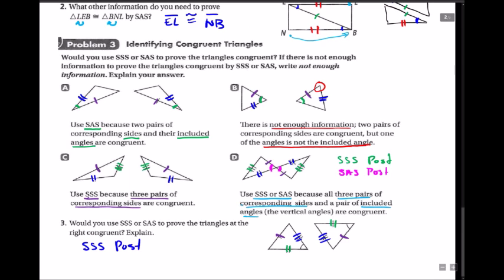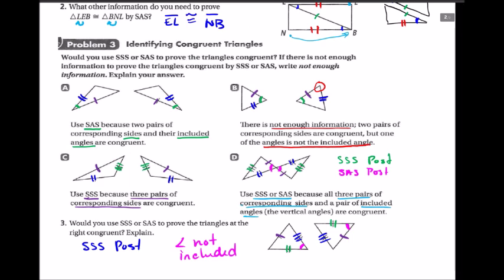So let's take a look at our angle here. Is our angle in the right spot? No, it is not. What's it between on the first triangle? It's between our blue and green angles here, and it's between green and purple over here. So our angle is not included. We cannot use it this time.